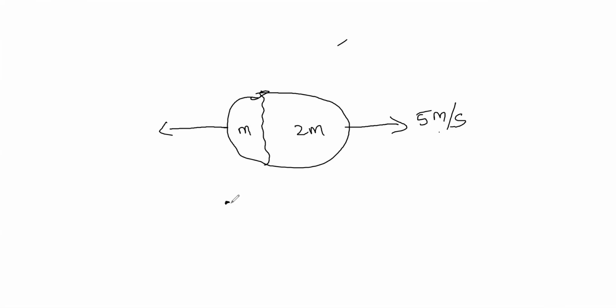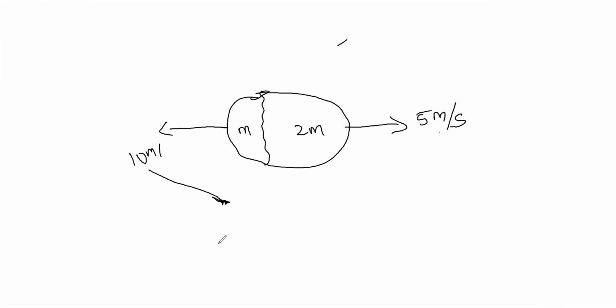If the mass is less, it moves with greater speed. So one thing is clear, the speed of m is greater than the speed of 2m. And there is 5 and 2 is there, so the answer can be 5 into 2, that is 10 meters per second. This is just guessing. Now we have to calculate.